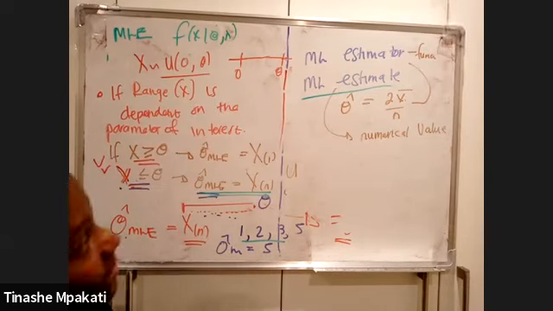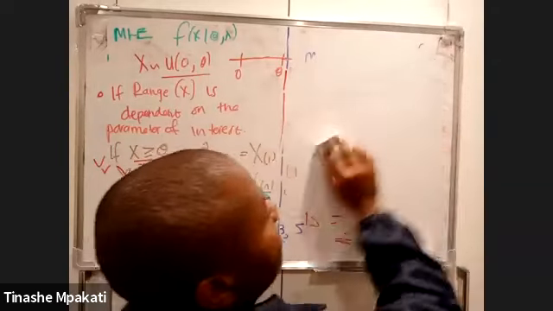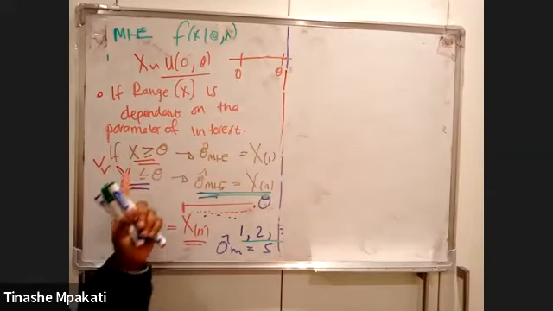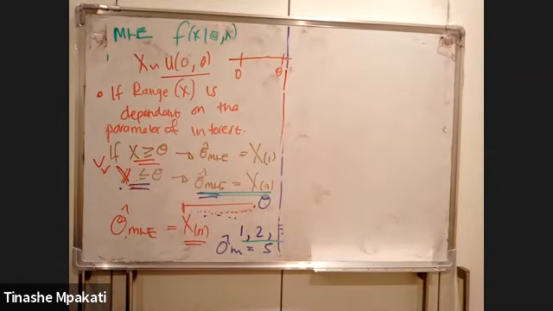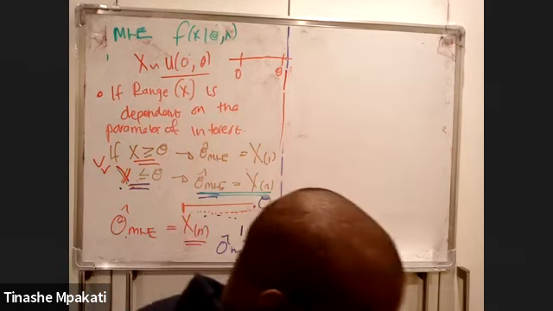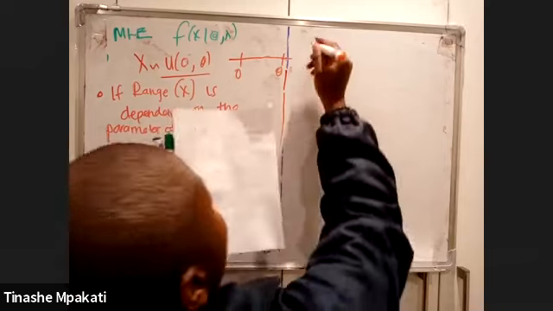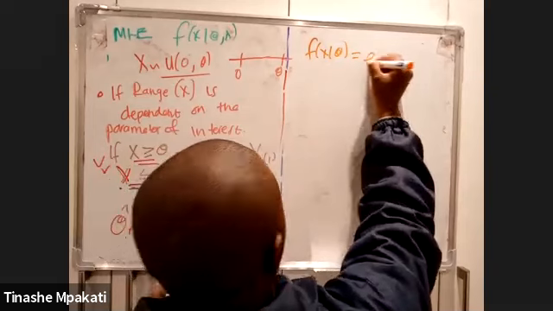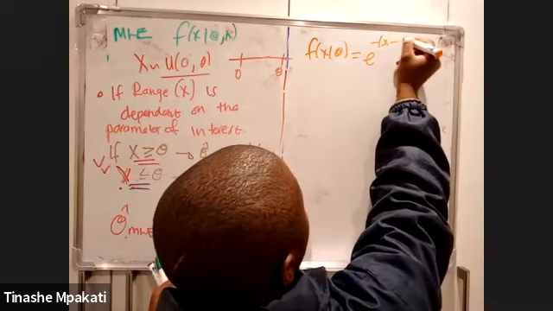So the next example, which I want to quickly look at, shows the other side of the coin where your x is actually greater than all your thetas. It is an example where your PDF is given as follows: e to the power of minus (x minus theta).